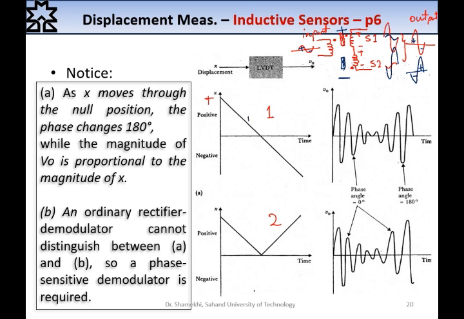And situation 2 is about moving the core from positive position and going to 0 position. 0 means the center. Center is here. And come back to positive position.